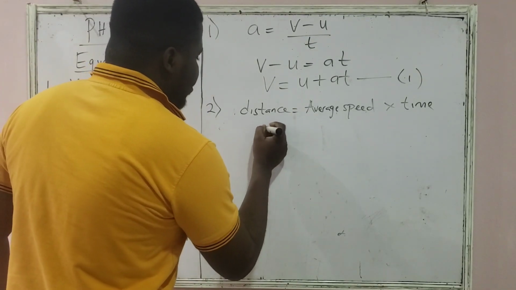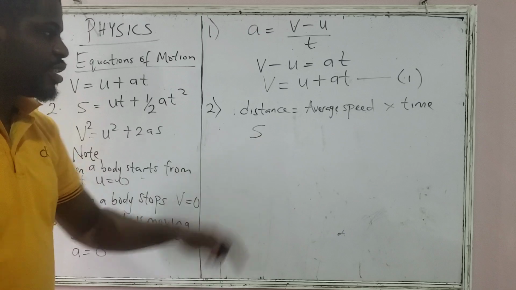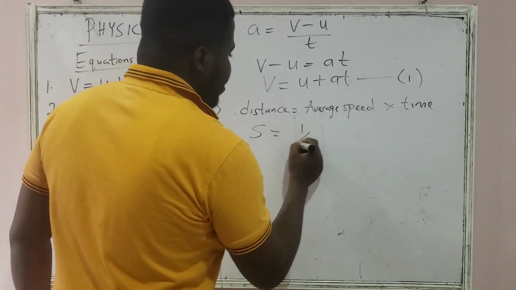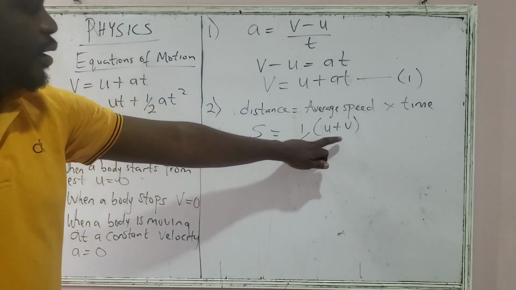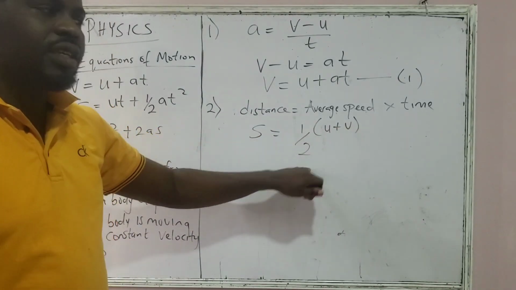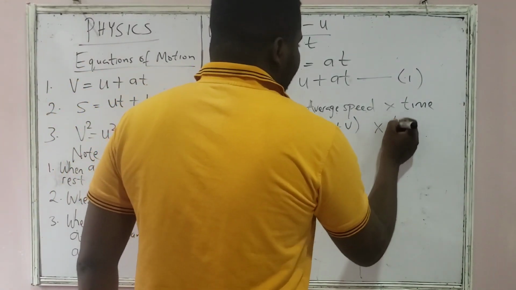So I will write S, the symbol of distance, equals average speed, that is initial velocity plus final velocity divided by 2, then times our T.